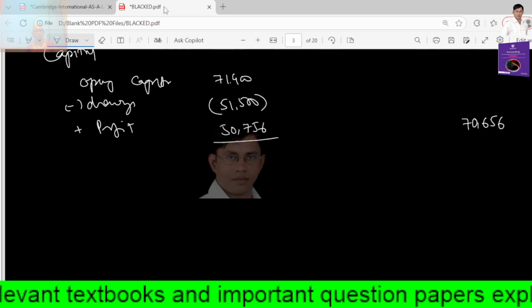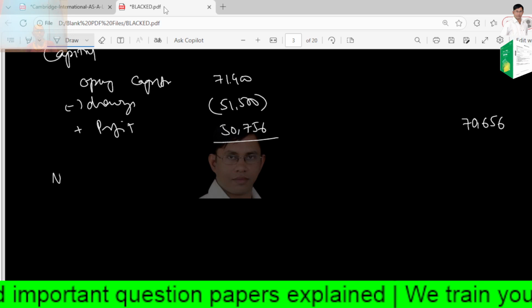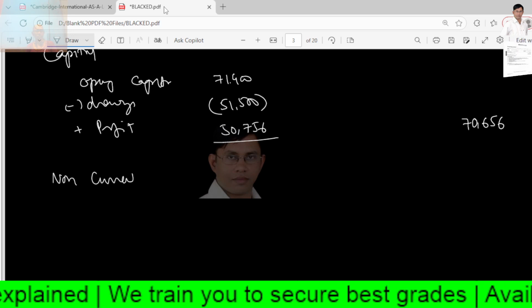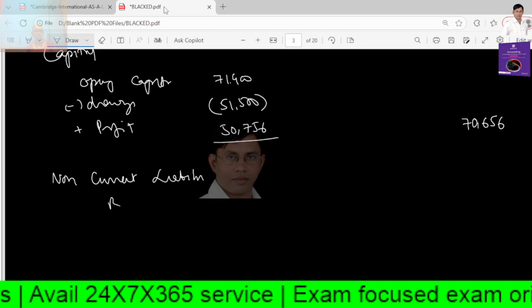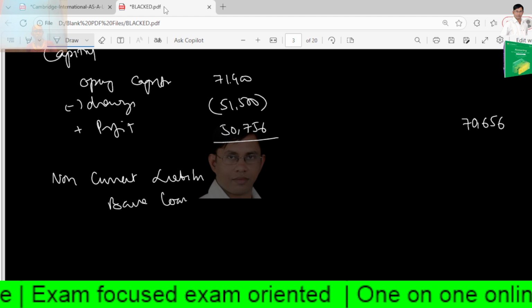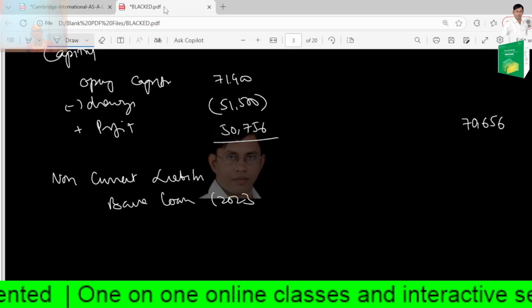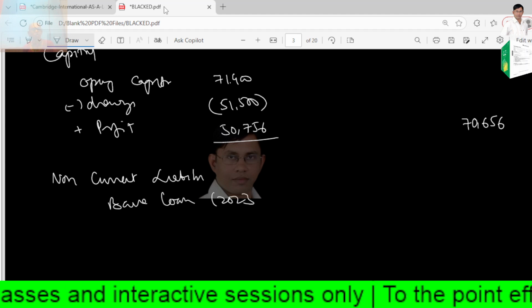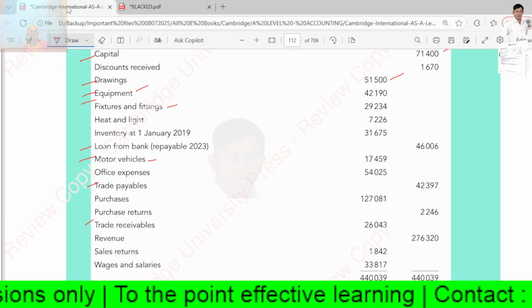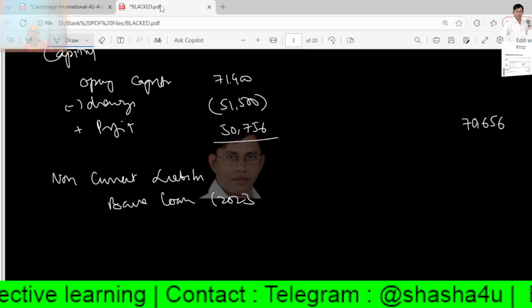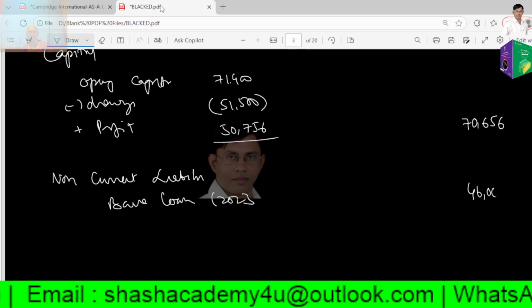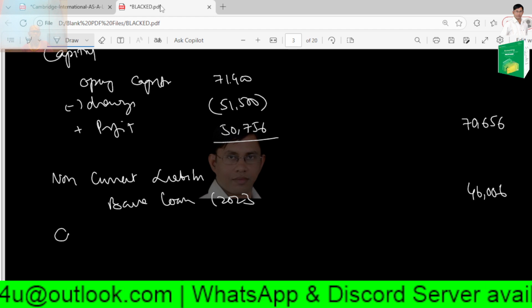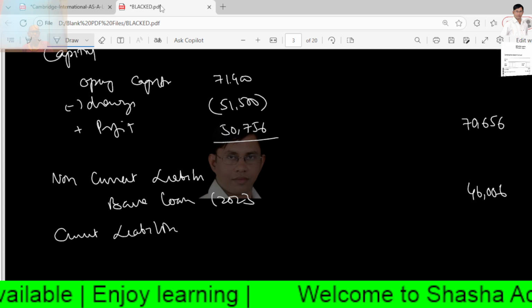So now come to non-current liabilities. Bank loan, repayable by 2023. How much? 46,006. So current liabilities.